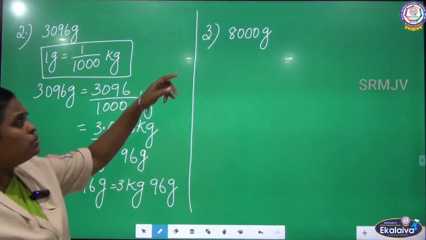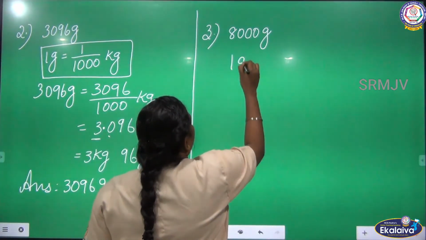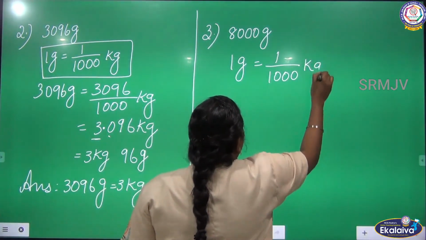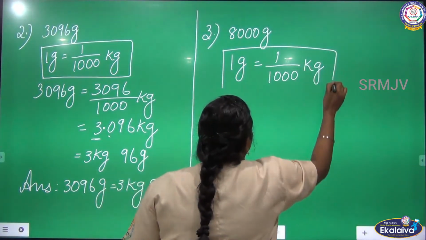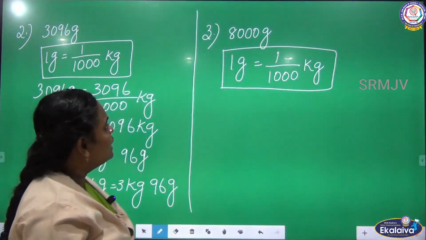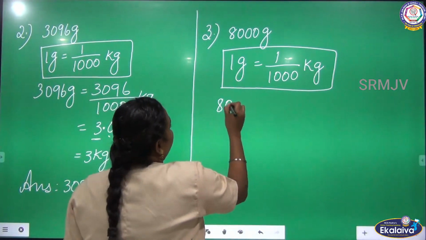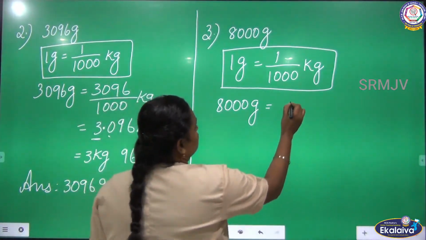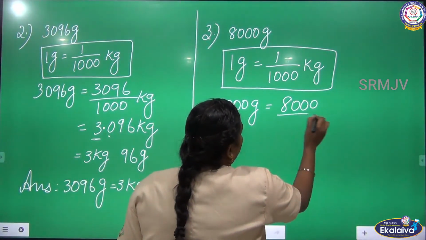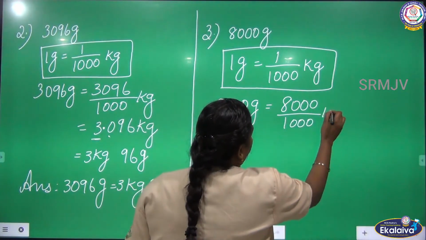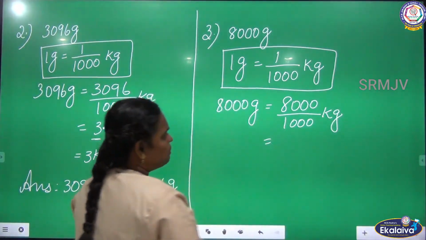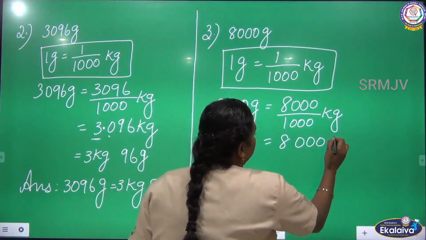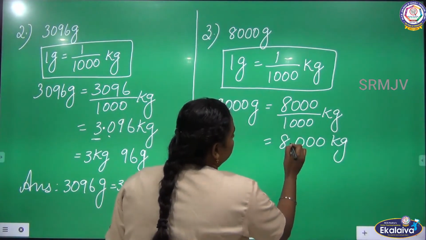Next one, 8000 gram. See, listen, 1 gram equal to 1 by 1000 kilogram. So 8000 gram equal to 8000 by 1000 kilogram. See, listen children, how many decimal places? 3 decimal places. So you write zeros, 1, 2, 3 decimal places.